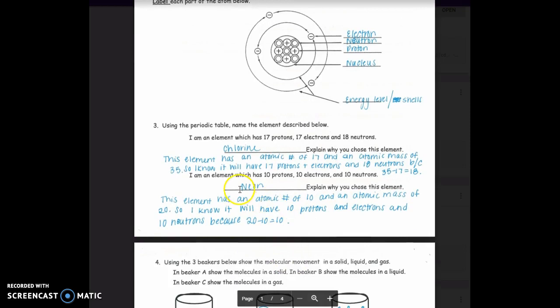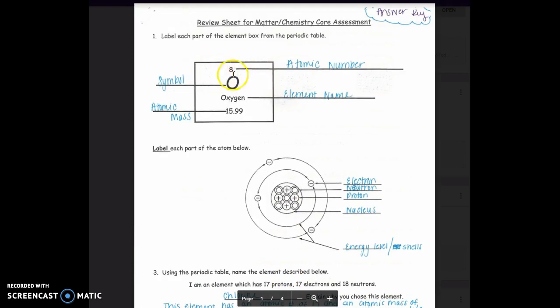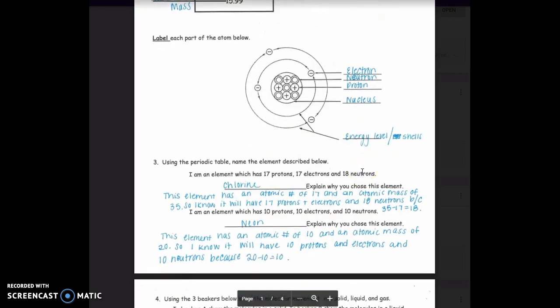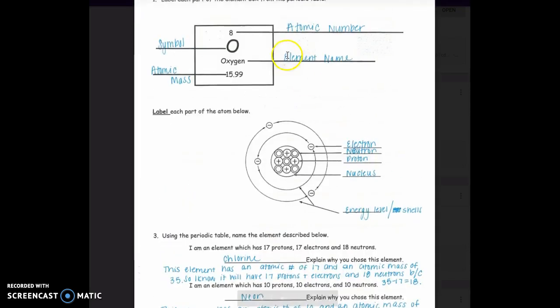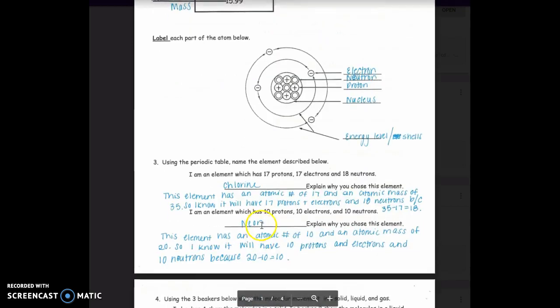All right. Now it says I'm an element which has 10 protons, 10 electrons, and 10 neutrons. So you would go to the table, and essentially you're looking for something that has the 10 here, the atomic number. And it would want to have the 20 here because 20 minus 10 equals 10. So this element has an atomic number of 10 and an atomic mass of 20.